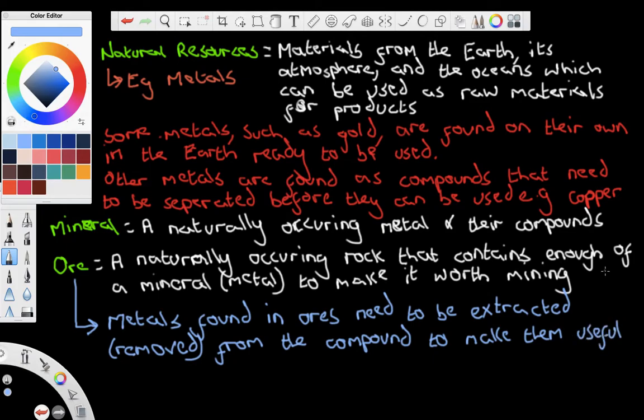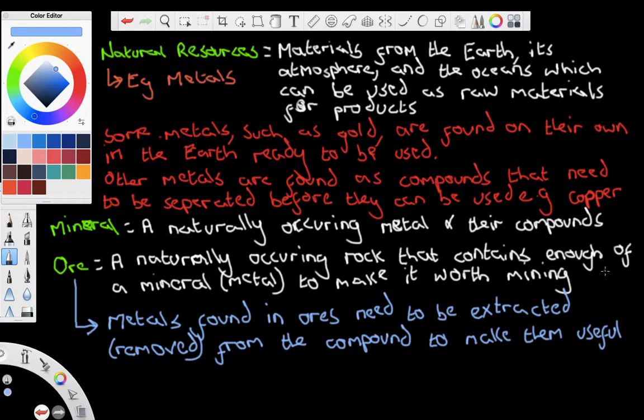So we've got natural resources are materials from the earth, its atmosphere and the oceans, which can be used as raw materials for products, and examples of natural resources include metals. Some metals, such as gold, are found on their own in the earth, ready to be used, while other metals are found as compounds that need to be separated before they can be used, such as copper or iron.